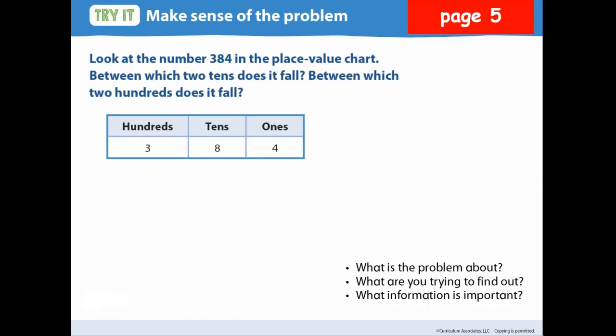All right, we're going to continue with our lesson. Okay. So here we have, it says, look at the numbers. Look at the number 384, which we kind of talked about already. Okay. It says in the place value chart, between which two 10s does it fall? So I have 384, correct? Remember, I write, you write. 384.